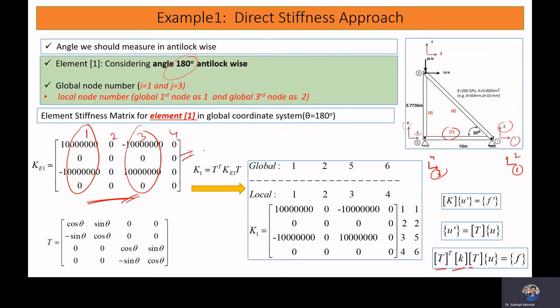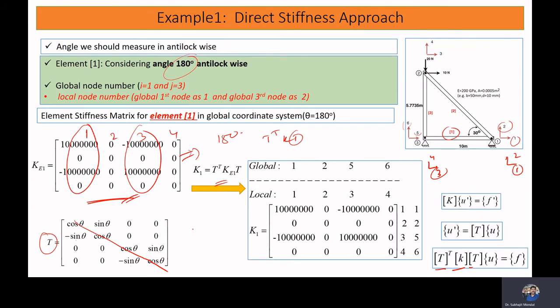Since this element is at an angle of 180 degrees, we have to apply the transformation rule, T transpose kT. The T matrix looks like this, where all the diagonal terms are cos theta, then we have sin theta, minus sin theta, sin theta, minus sin theta.